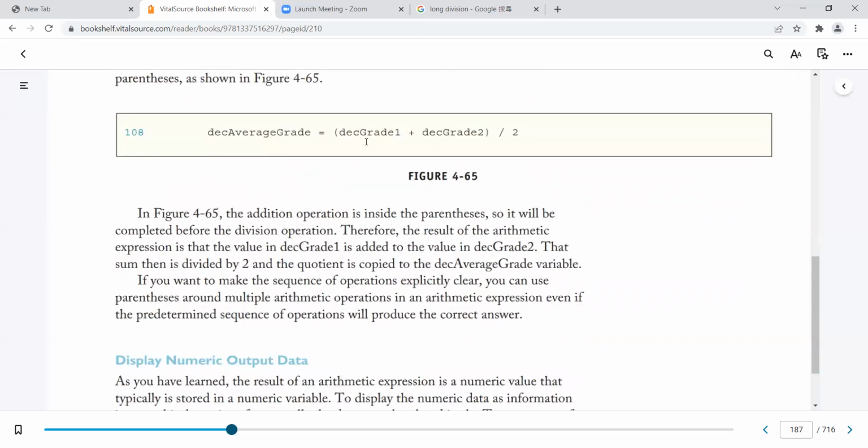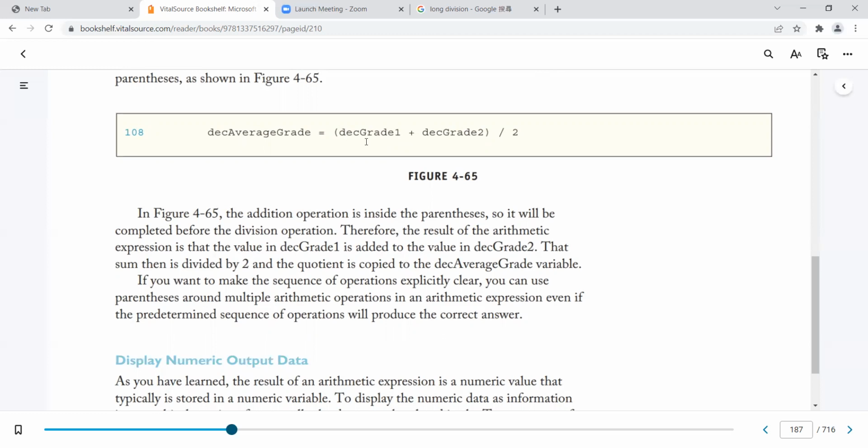So you can see here. And if you're not sure about the order of operation, or you want your work to display the way you want, how can you make your operation perform in a certain order besides this order of operation? By using parentheses, just like in math.